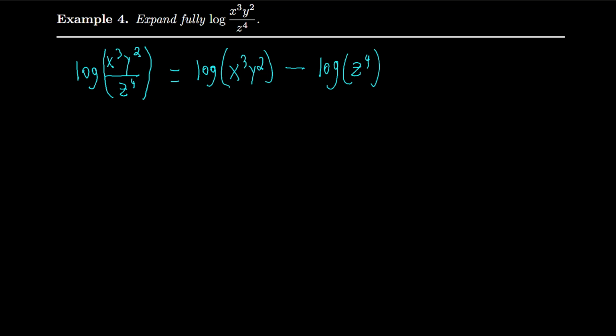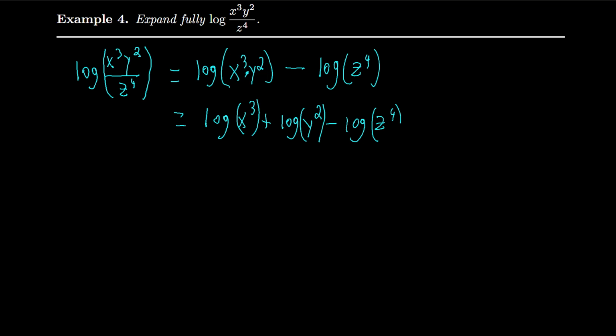Now, this first thing is going to be able to be broken apart into a couple different parts. So this is a multiplication. So this can be written as the log of x cubed plus the log of y squared, minus the log of z to the fourth. And I'll put parentheses back around these two.